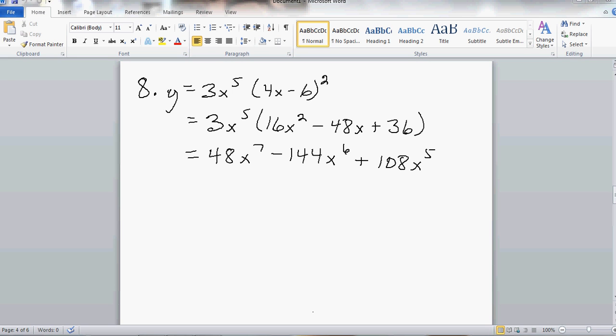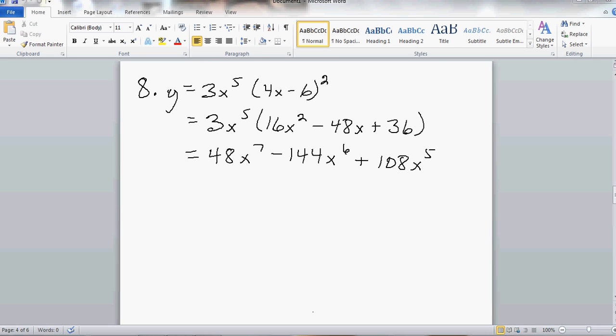Now all I have done is just rewritten this. This is a whole lot easier to deal with rather than trying to take the chain rule and stuff like that. Do not forget that if you can, go ahead and change things so that it becomes easier to begin with.